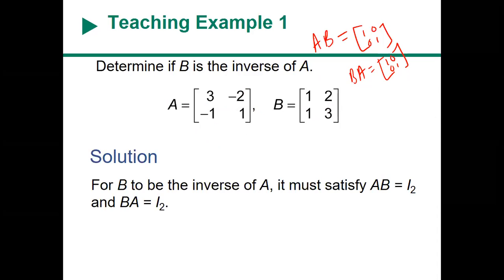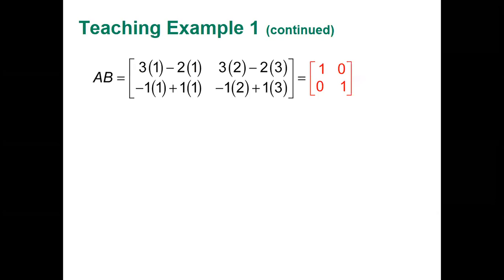So we're going to see if it happens. We're looking for an identity matrix for a 2 by 2. When we do A times B, we end up with 3 times 1 minus 2 times 1, 3 times 2 minus 2 times 3, and such. And we end up with our identity matrix.